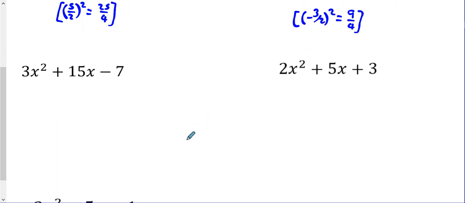Now we're going to have both situations going on. We've got this a term now, and we've got an odd number to deal with. So even more care needed. So let's deal with the 3 first. We have to factorise that out of these first 2 terms.